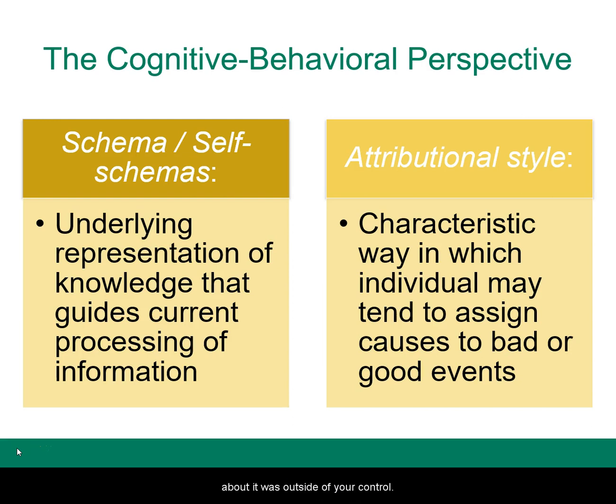It was outside of your control. And they don't believe that. They don't believe it's outside of their control. It happened because it's me, because it always happens to me. This is just my whole life, this is how it's been. You probably know some people that have made statements like that as well.